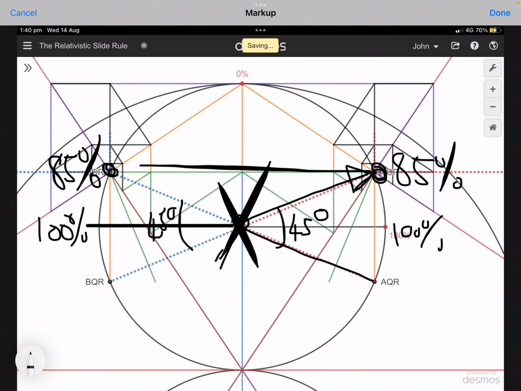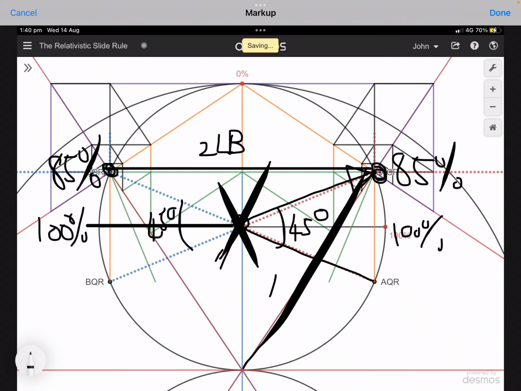So you can see it all depends on that length squared, which is that. So that's L and that's B. Multiply them together, you get that length, and then 2 times that length to get the total distance between their measurements.